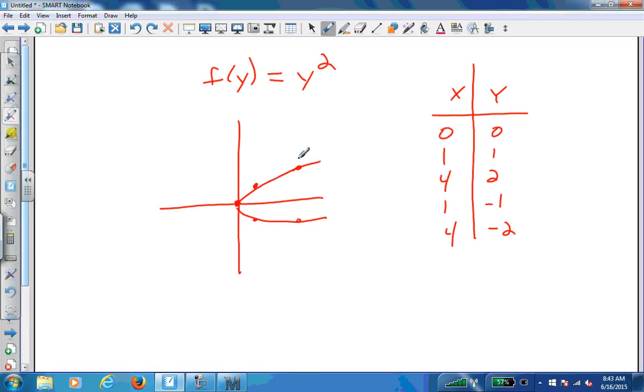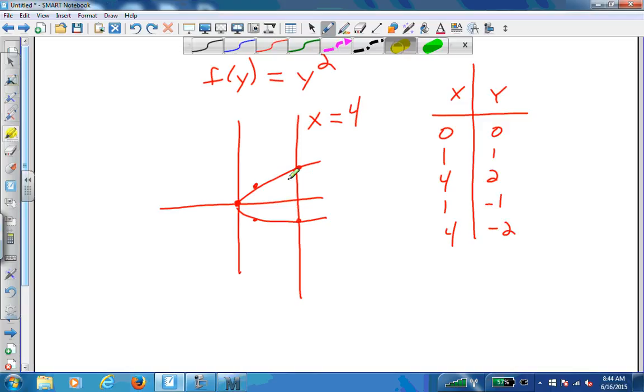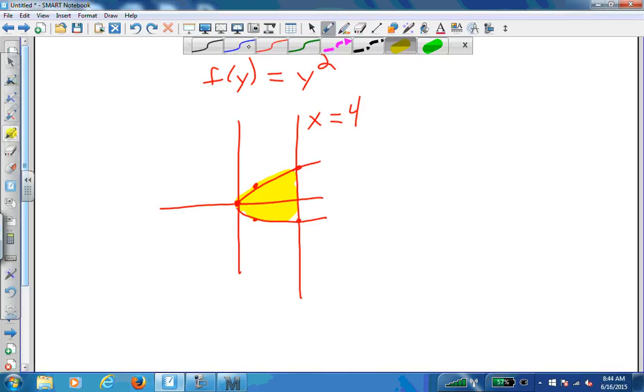So sometimes we might have something like that. Let's suppose we also have a vertical line that goes through here. Let's say that vertical line is x equals 4. And we want to find the area in between there. Notice if we draw our sample element to be vertical, our sample element touches the same function on both ends.